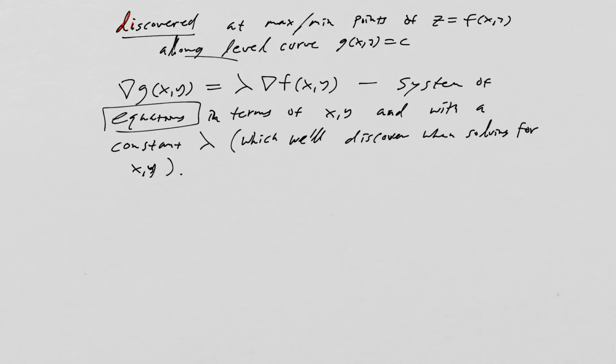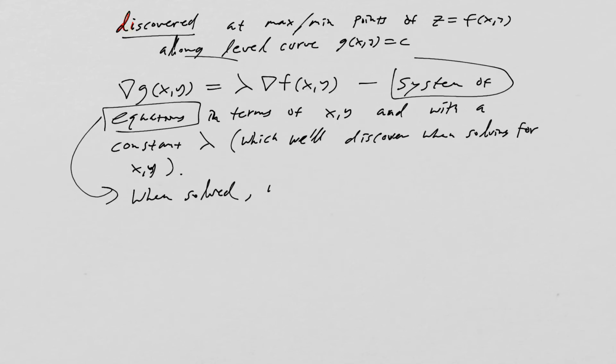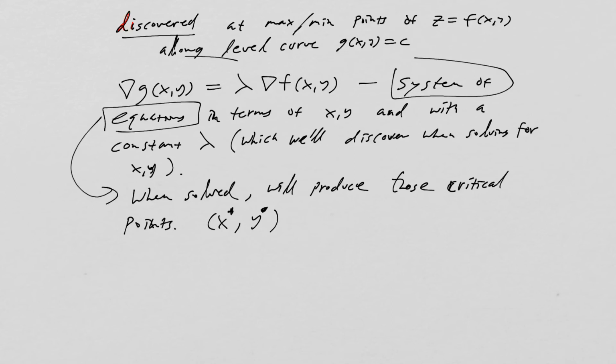So this system of equations, when solved, will produce those critical points, which we're going to call x star and y star, like we did before. So lambda, again, can be a lot of different values.